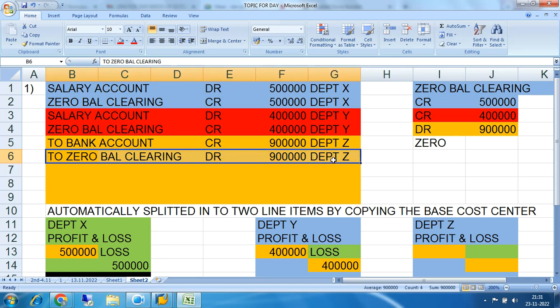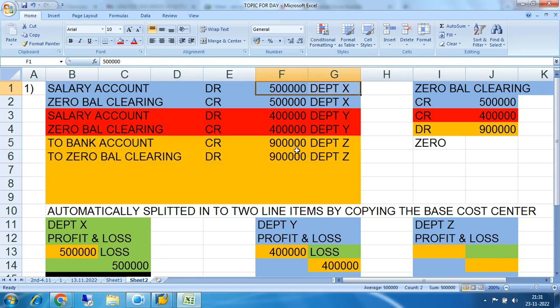When there is a cross profit center transaction, meaning the debit line item belongs to one profit center and the credit line item belongs to another profit center, in this case this zero balance clearing has to appear, right? So any questions on your behalf? Please ask any question regarding document splitting procedure and zero balance clearing procedure.